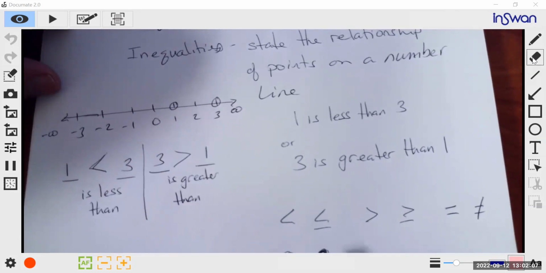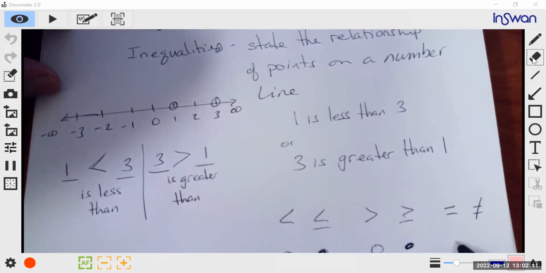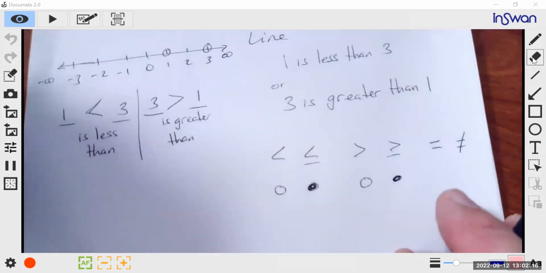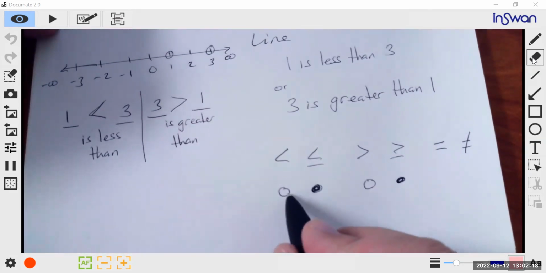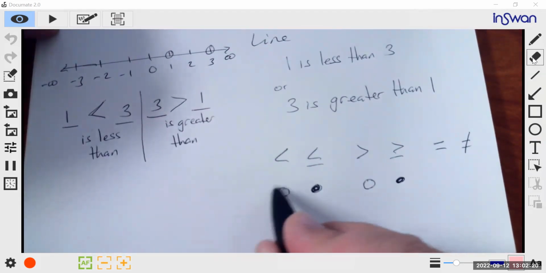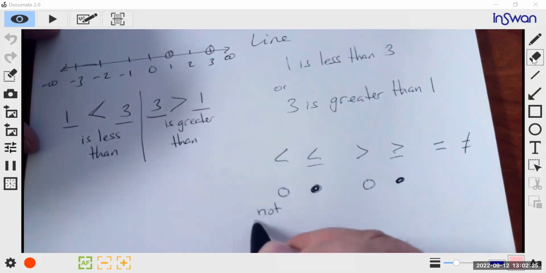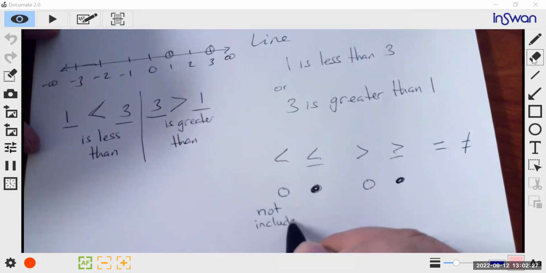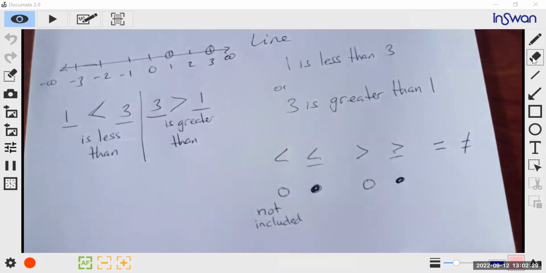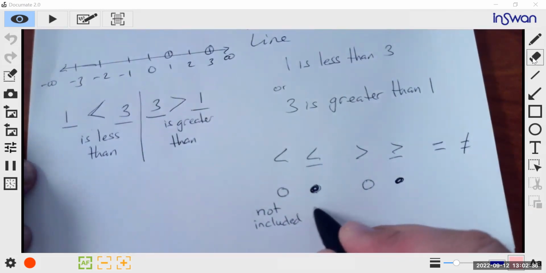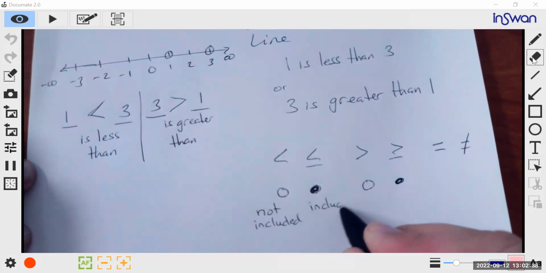When we put them on a graph, we either have open or closed circles. If it's an open circle, that means it's not included. If it's a solid dot, then it is included.